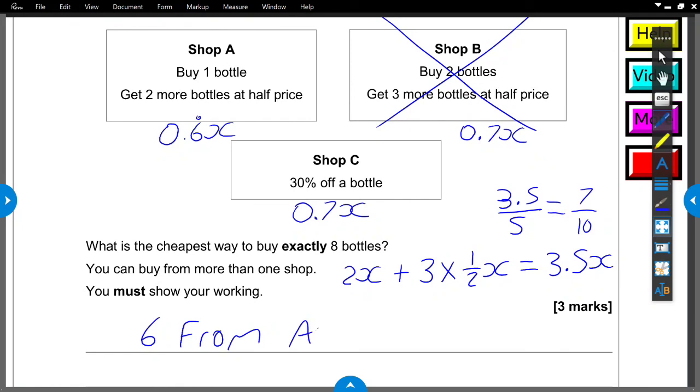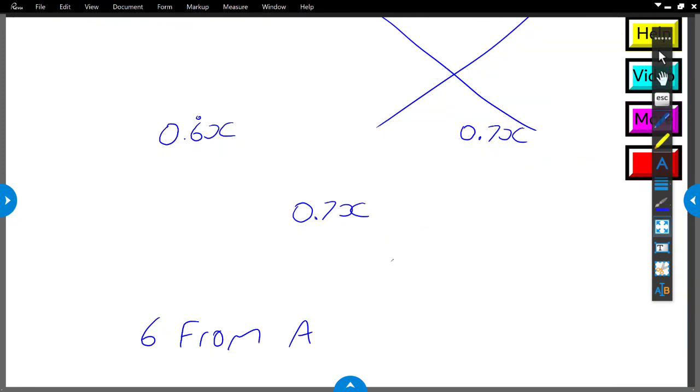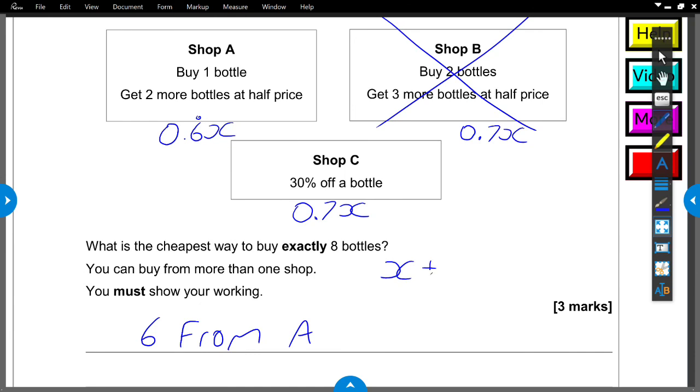Now, we can't just assume straight away that it's going to be cheaper to go to shop C for the rest of them. We have to kind of work out if it is cheaper. So if we were to buy 2 from shop A, this is going to give us a cost of x plus half x. First bottle is full price, the second bottle will be half price. This in total, 1 plus a half gives us 1.5.